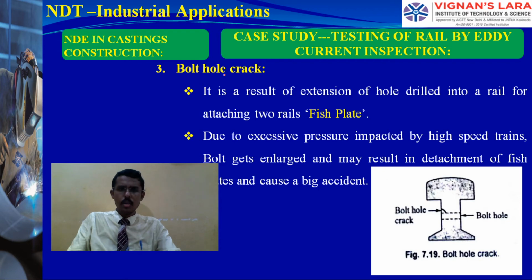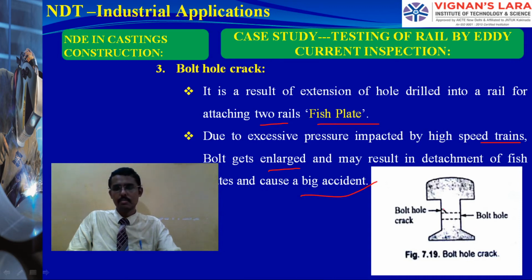Bolt hole crack. It is a result of extension of the hole drilled into the rail for attaching two rails with a fish plate. Due to excessive pressure caused by high speed trains, here also the vibration works. The bolt hole gets enlarged and may result in detachment of the fish plate, causing a big accident.